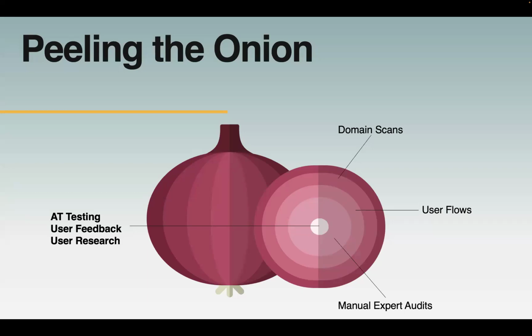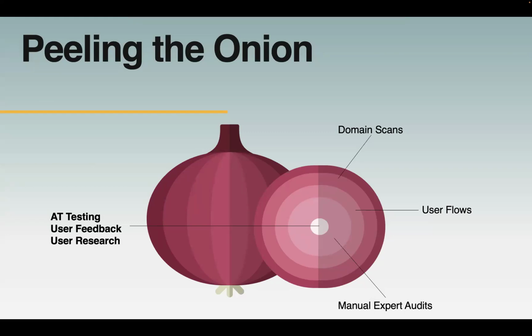But to understand more deeply what actual levels of accessibility exist in a particular application or site, you need to go to a layer of what we call user flows. User flows would be, if you were a hotel website, your booking process. It's some key user story, as we'll be talking about today, which is essential to your business, or which you definitely want your users to be able to complete.